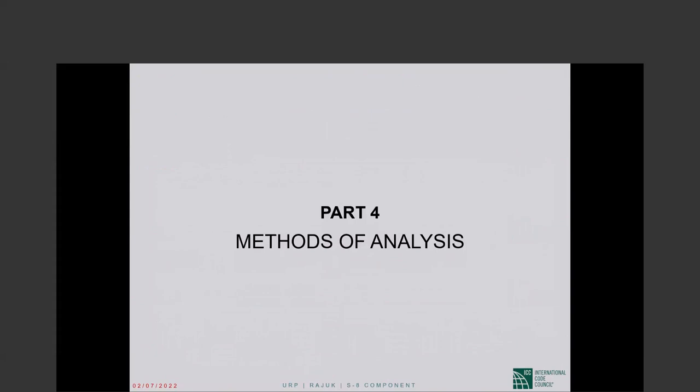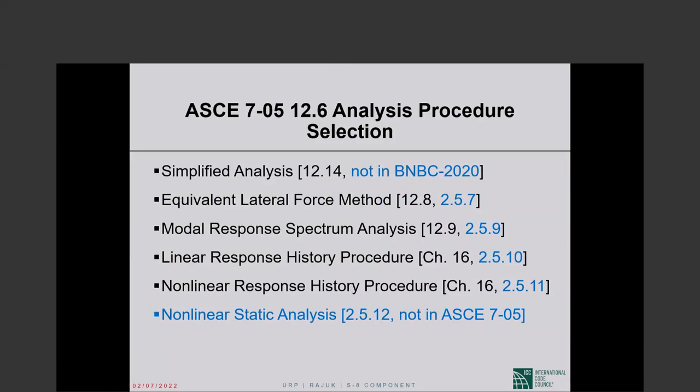Then, as you see, methods of analysis. From the beginning of seismic design, as I understand it, we have made a big deal of these analysis procedures, whether the equivalent lateral force procedure that we use much of the time is good enough for certain structures.